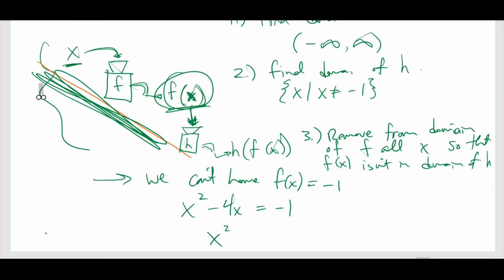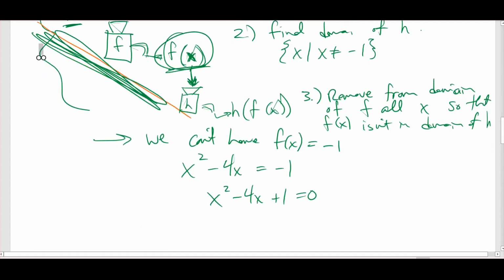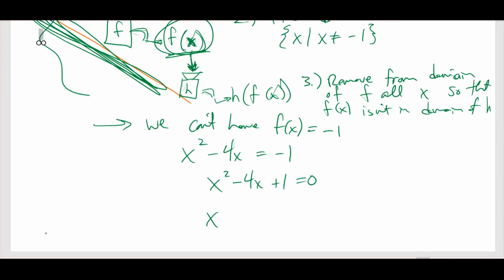We've got x squared minus 4x plus 1 equals 0. We really want to factor, but if we can't factor, that's unfortunate. But hey, we can still use that nice quadratic formula, right? x is -b, so that's 4, plus or minus the square root of b squared minus 4 times a times c over 2 times a.